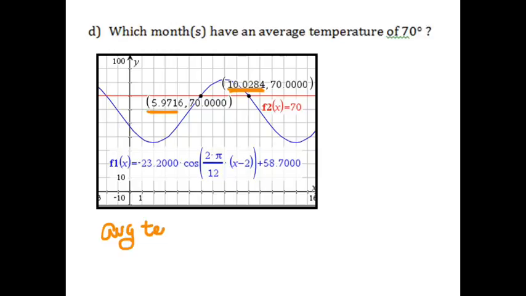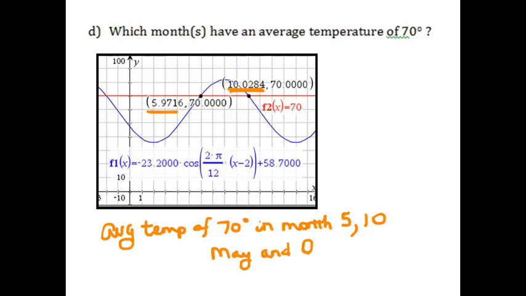So an average temp of 70 degrees in month 5 and month 10, which would correspond to May and October. Now, I realize that 5.971 sure is close to being the 6th month, but it's still occurring within month number 5. And so we're going to choose month 5, May, and then for the 10, of course, October.